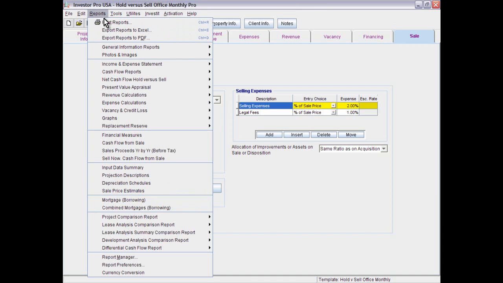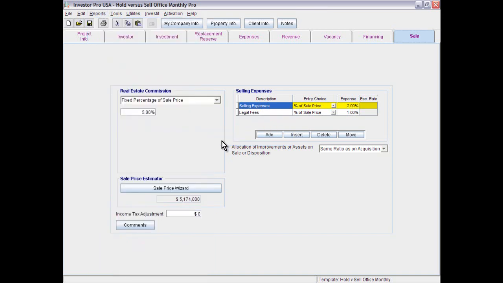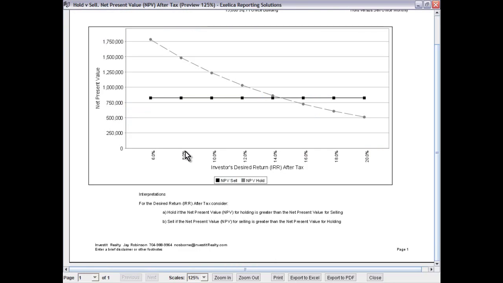There's many reports, but I'd like to show you a really interesting graph, which is the hold versus sell net present value after tax. This graph shows the net present value for the hold and the net present value for the sell and plots it against the investor's desired return or the internal rate of return.